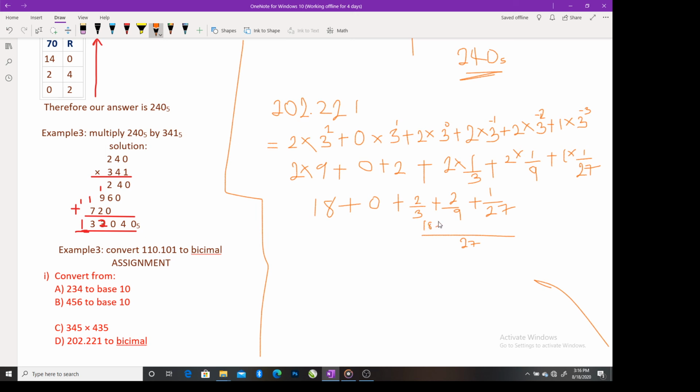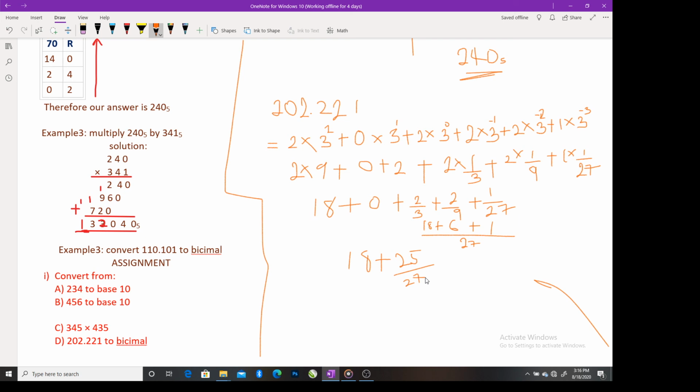Then plus 9, 27, 3 times 2, you have 6. Plus 27, 27, 1 times 1, 1. That will become 18 plus 7, that's 25 over 27.